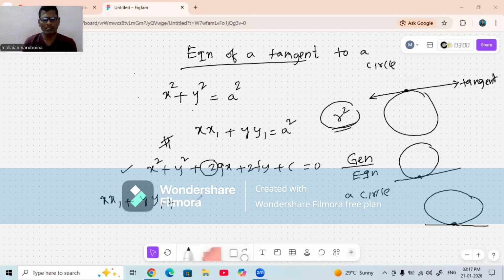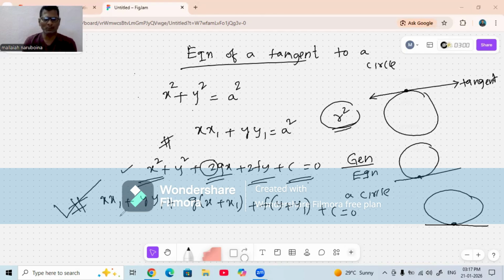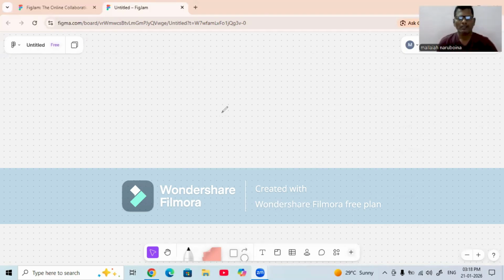Don't write the 2. So this equation is the tangent to the given circle. Just substitute the x1 and y1 values in this equation and you get the answer.